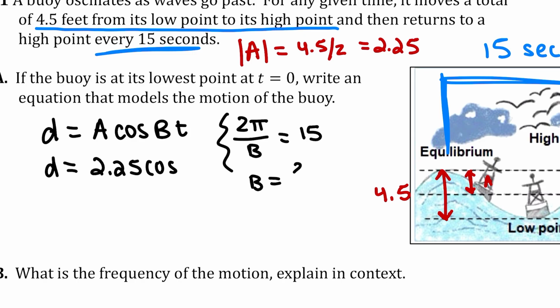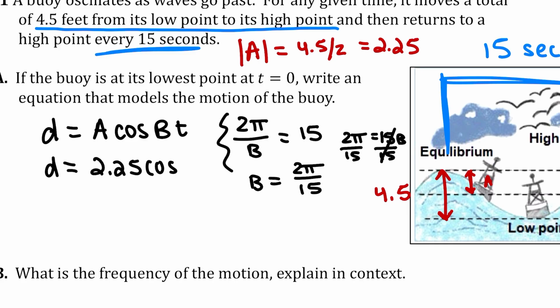The thought process is that you have to cross multiply: we're going to have 15 times B. Here, I'm going to write it out instead of just talking. You have 15B, but then you need to divide both sides by 15. That's how we end up with B equals 2 pi over 15.